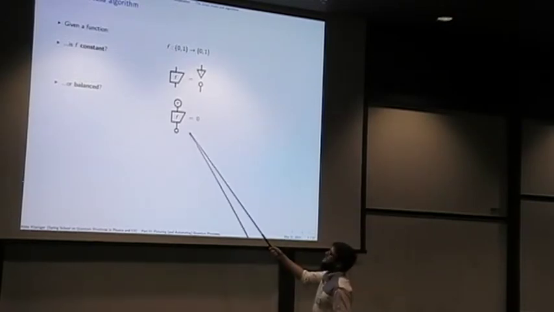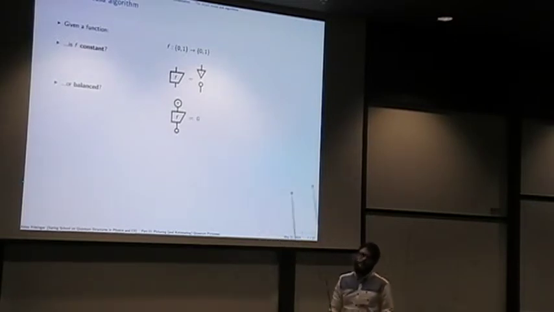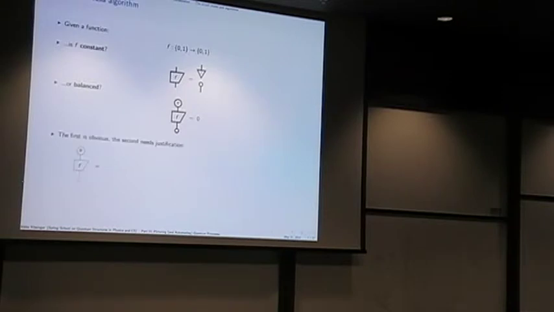Or is it balanced? Now, while this one is kind of obvious, that one needs to be justified a bit. So the reason that second equation means balanced, well, let's just unfold it a bit. Here I'm working in single, but if I prove a single equation, it holds in double.